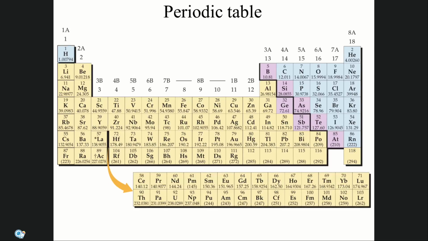In 1869, the Russian chemist Dmitry Mendeleev and German chemist Lothar Meyer independently published arrangements of known elements that are much like the periodic table in use today.